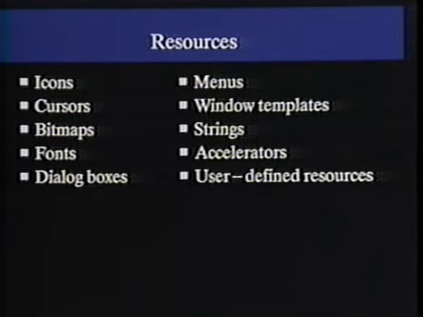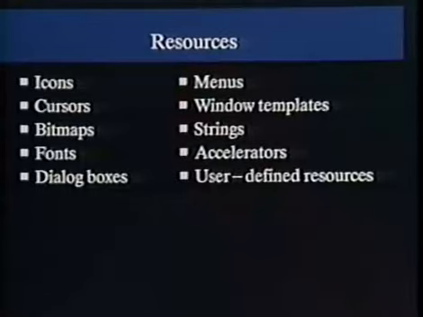The icons, cursors, and bitmaps are built with a tool called the icon editor. The fonts are built with a tool called the font editor. And for dialog boxes, we have two ways of building them. One is with a tool, and one is by describing the dialog box directly just as text. The items over on the right-hand side we do with text definitions within the resource script file.